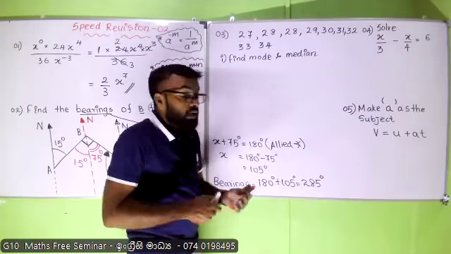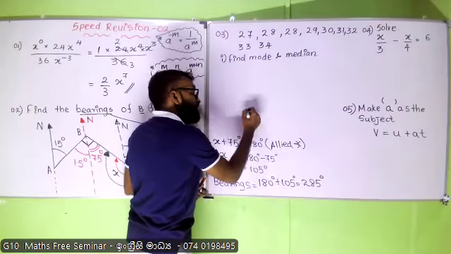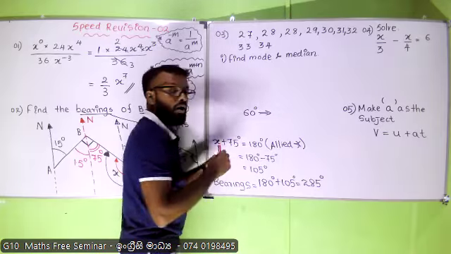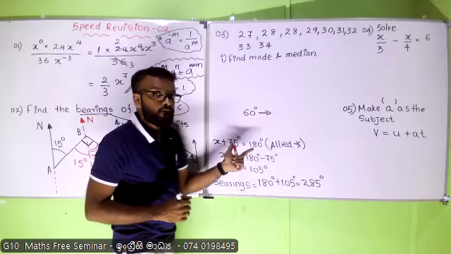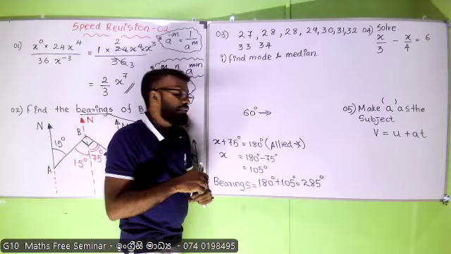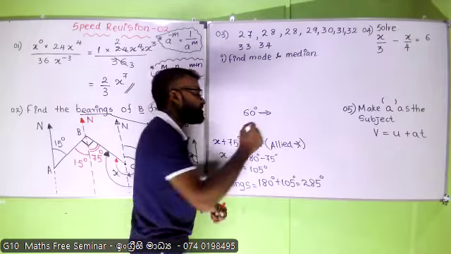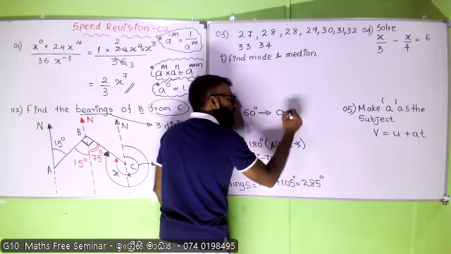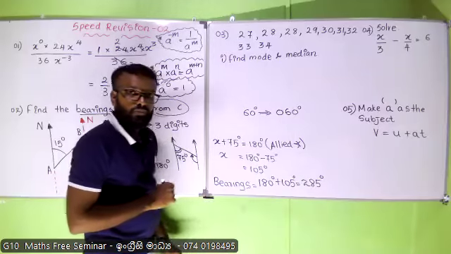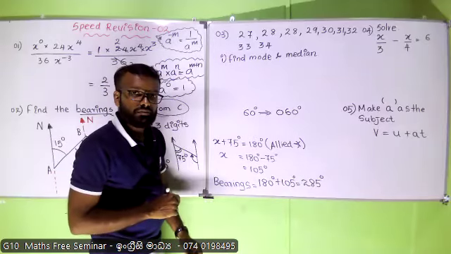But if the bearing comes like 60 degrees, how are you going to represent this using 3 digits? In front of the 6, you have to put 0: 060 degrees.